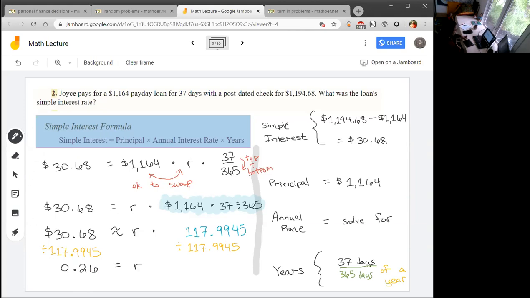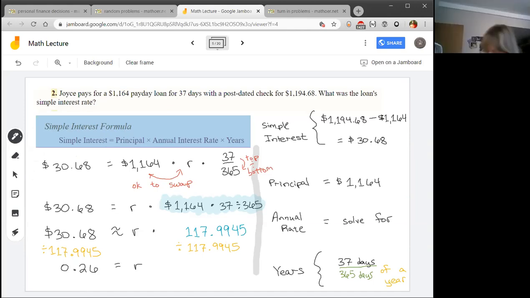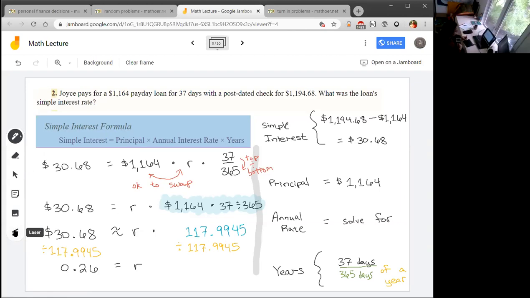We're not quite done. What's our very last step? Do we have to take it out of percent? I couldn't hear you, cut out. Do we have to change it from percent notation?